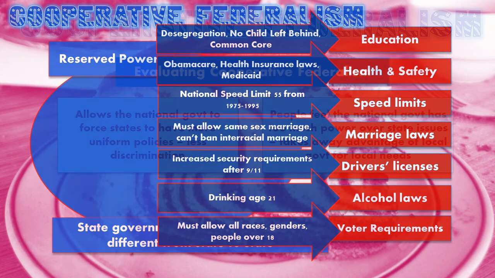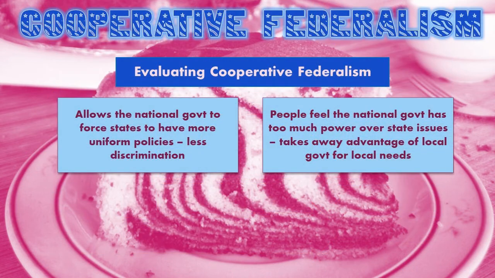All right, so let's talk about if this is good or not. Let's evaluate this system for just a second, like we did with federalism as a whole. So this is good in some ways. One of the main ways that this is good is if the national government is forcing the states to have more similar policies, then there's a lot less discrimination for us.